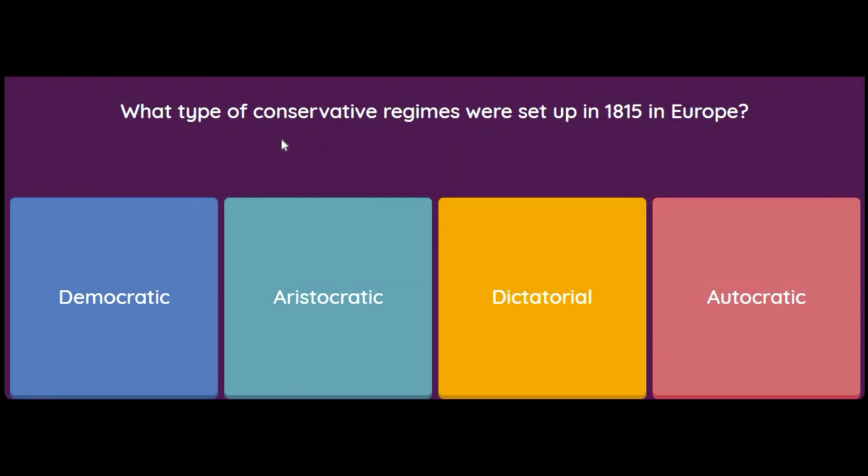What type of conservative regimes were set up in 1815 in Europe? Democratic, aristocratic, dictatorial, or autocratic? We know the answer for this also. The conservative regimes set up in 1815 in Europe were autocratic.